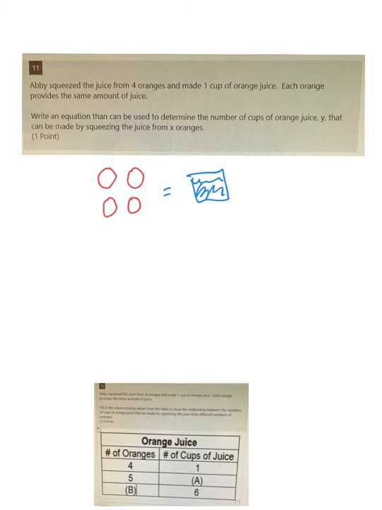They want you to write an equation. But look, they want to know how many cups of orange juice, which is y, that you can make by squeezing the 1 orange. So a lot of people thought that the unit rate here, we're still using our formula of y equals kx.